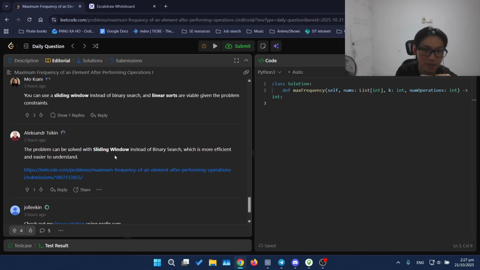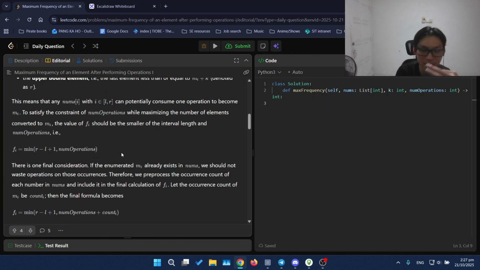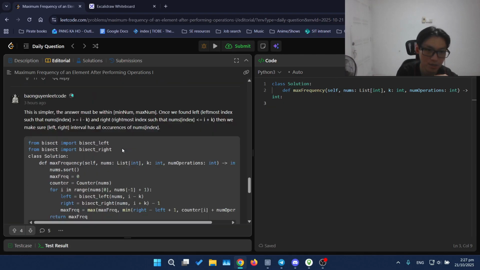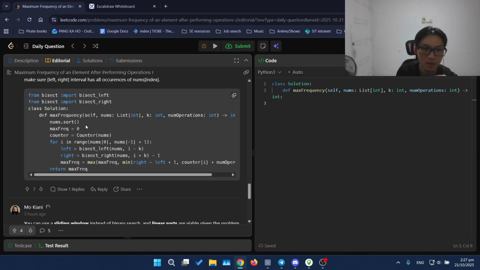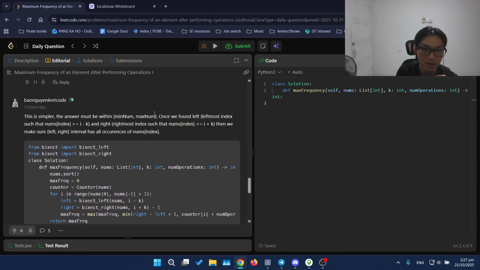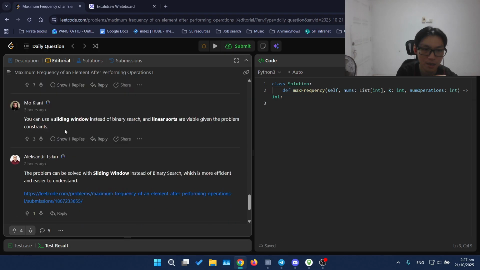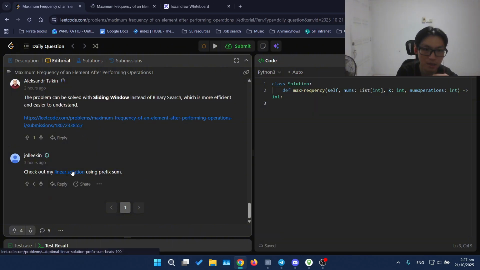Sliding window, huh? Well, take a look at this one and some sliding window solution. Let me see. Is there a sliding one? Okay.